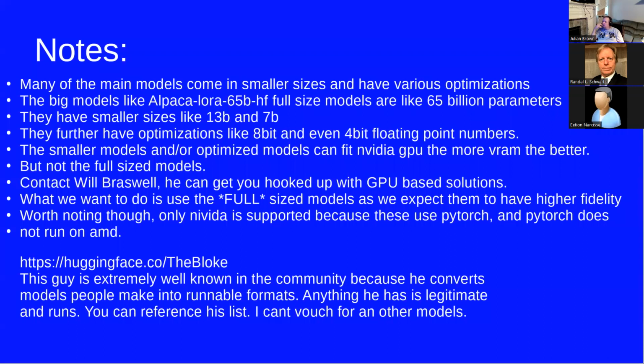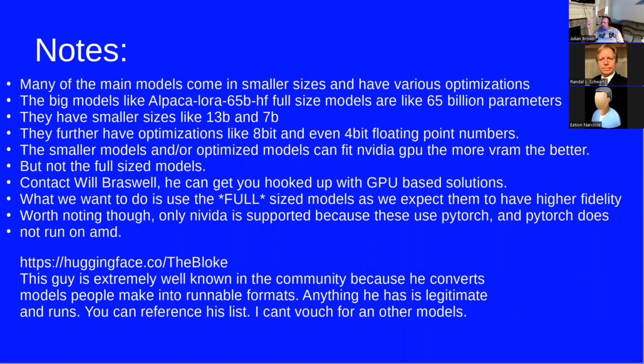Those choices set how much memory is required. The big models like Alpaca LoRA 65B HF mean 65 billion parameters. But there's also Vicuna 13B, a popular one, with 13 billion parameters. Others have 7 billion parameters.